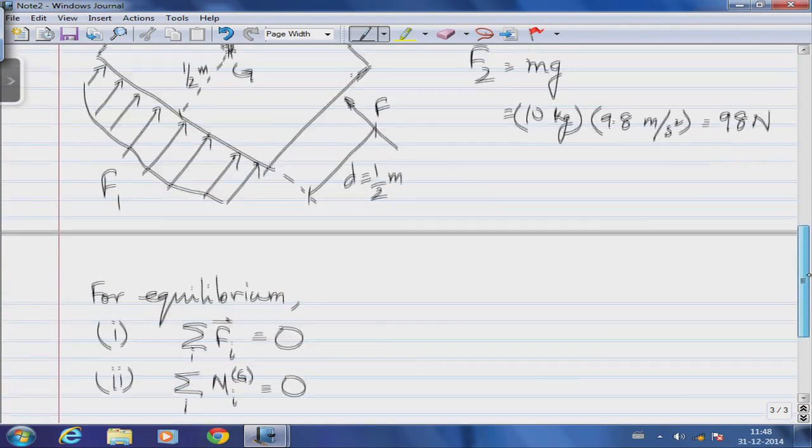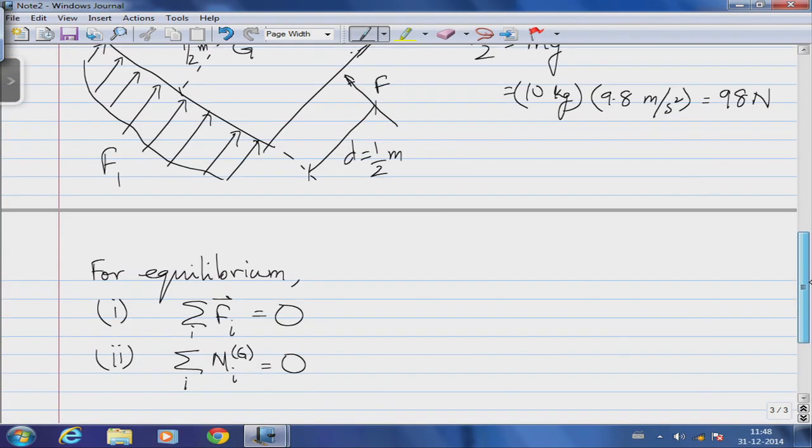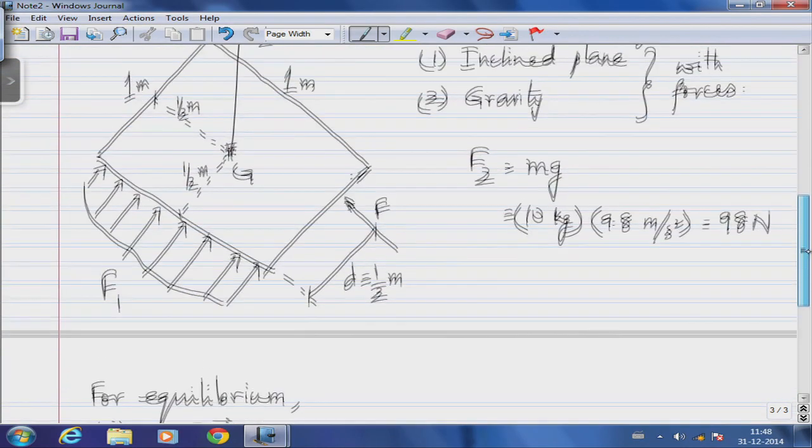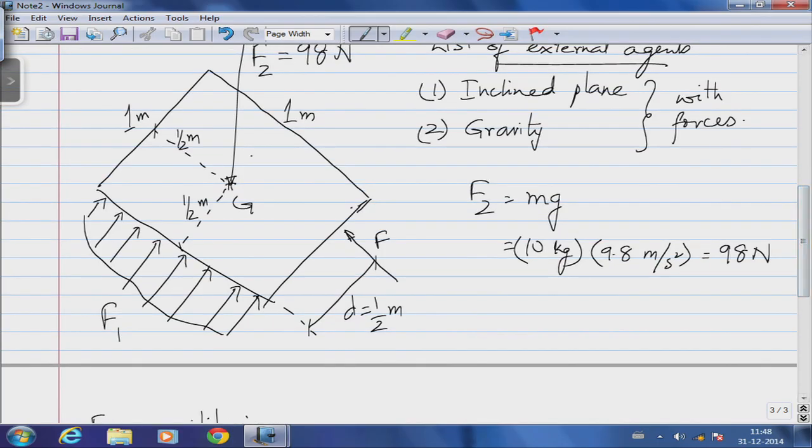So, let us compute the summation of all the forces, but before I can do that, F has a unique line of action, F2 has a unique line of action, but F1 is a bit tricky. F1 does not have a unique line of action, which also means that I need to compute the moment of a distributed force.